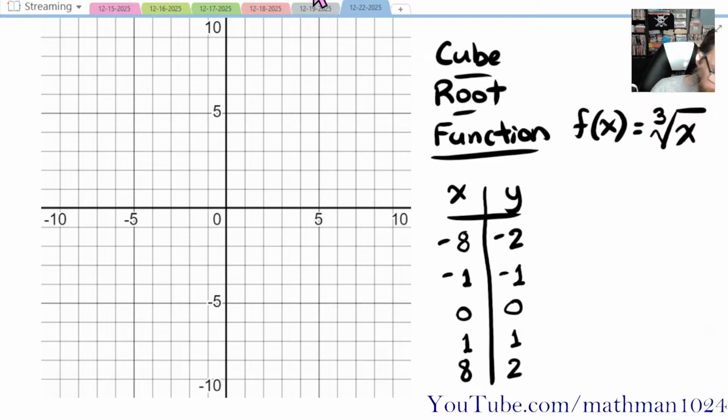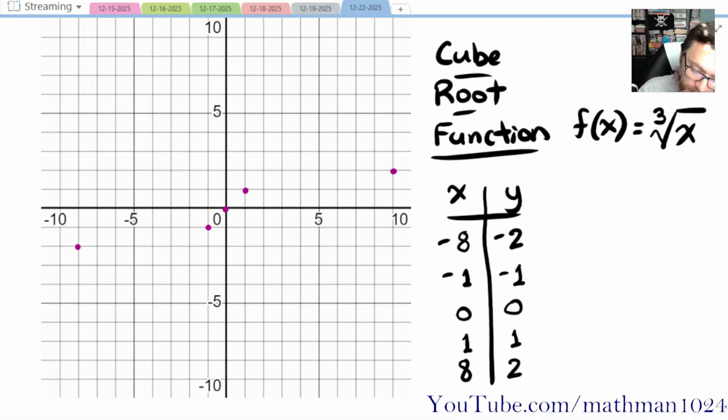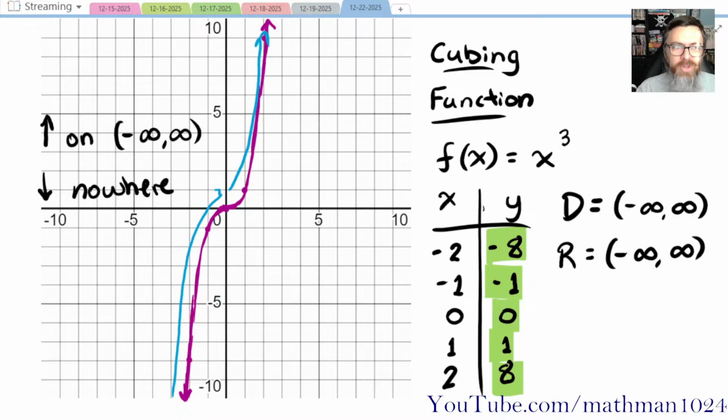So, plotting these points is going to look very similar to what we had for the cubing function. But all these ordered pairs are flipped around. So here they are. Now the shape here can be a difficult one to graph. So remember back over here for the cubing function, right there at the origin, it was kind of flat, right?